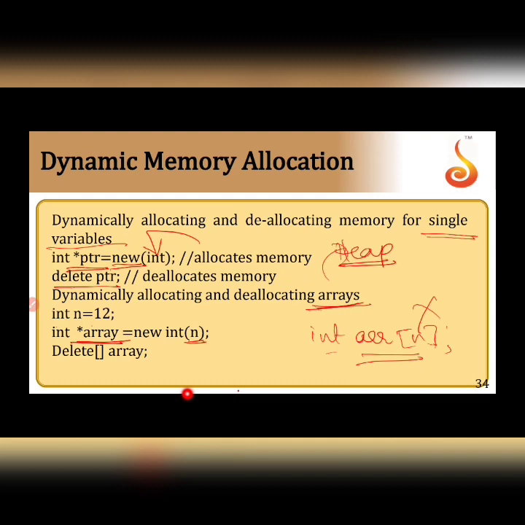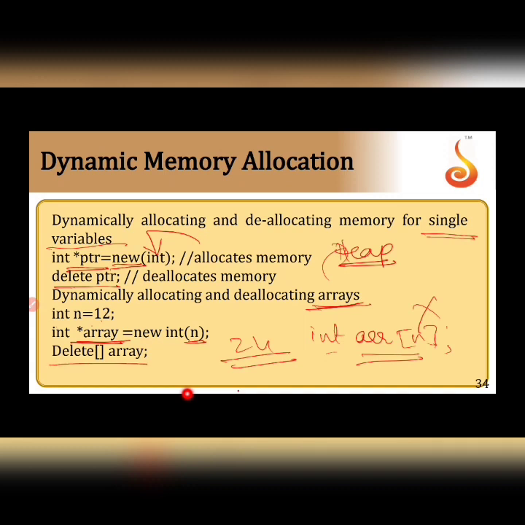So what is n? 12. So how many bytes will it allocate? 24 bytes of memory, because each integer is 2 bytes and n is 12. So for 12 integers I need to allocate memory, so 24 bytes of memory would be allocated to array during runtime.